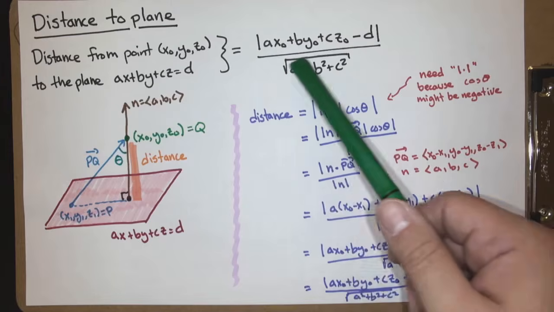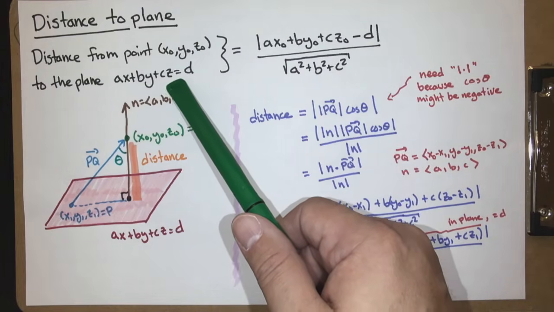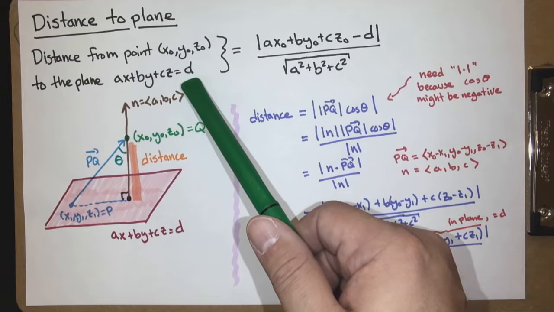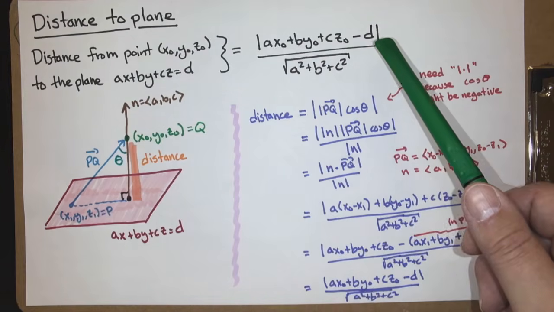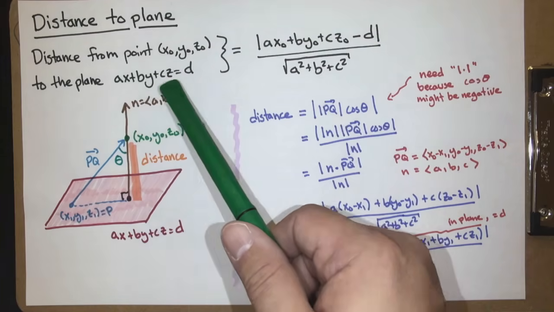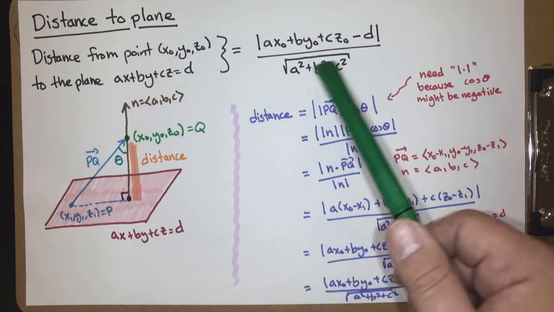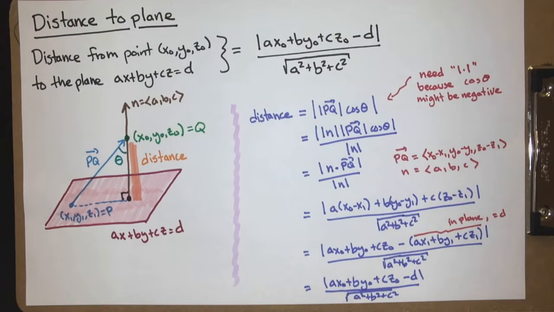If you look at the top, it's almost like, plug the point in and ask how close you were to the right-hand side. Because that's what you're doing: how close are the two sides when you plug in x naught, y naught, z naught. And then the downstairs says, make sure you scale by the size of your normal vector.